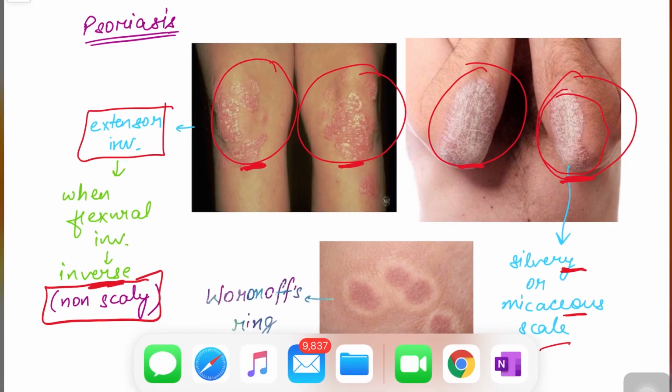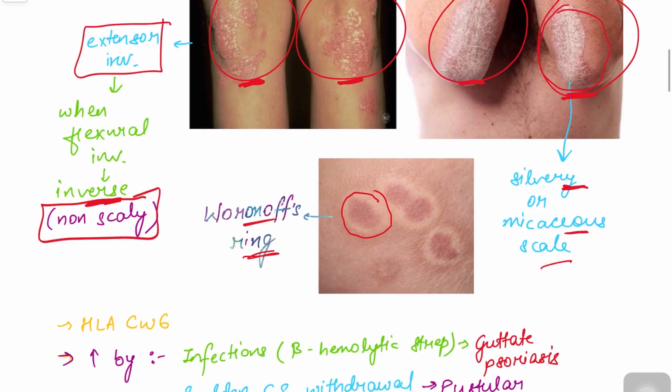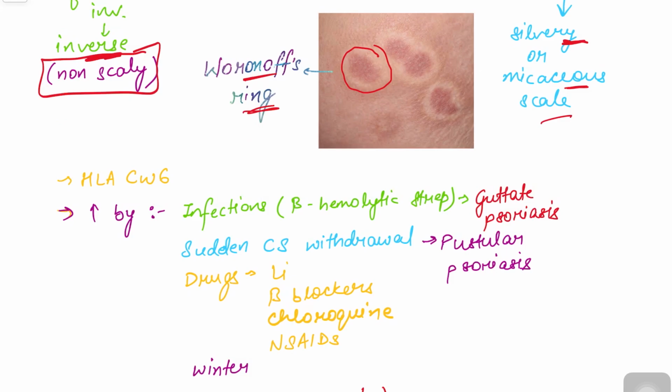Okay, and then from this diagram, this is what I want you to remember. When the lesions of this disease are healing, there is a hypopigmented region around the lesion, which is known as Woronoff's ring. Then just remember that HLA-Cw6 is very specifically associated with psoriasis. Then the triggers of the disease are infections.